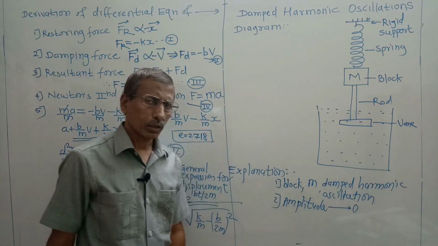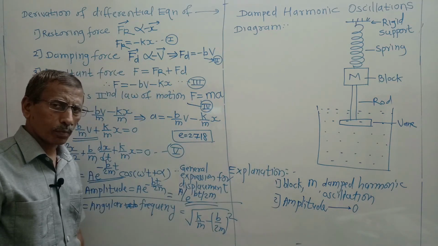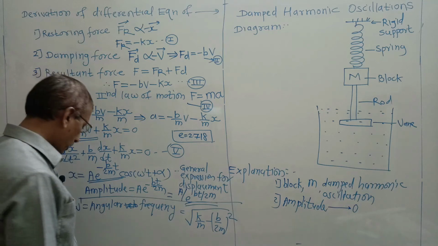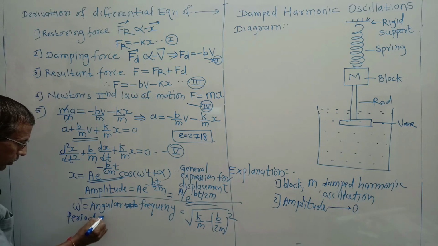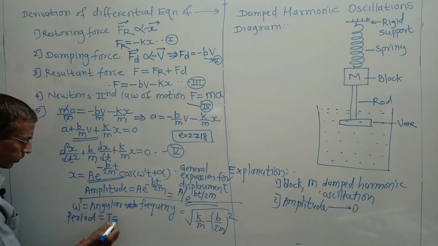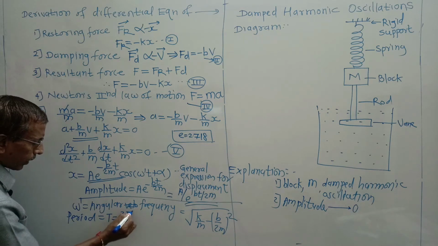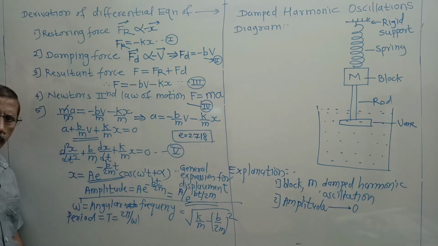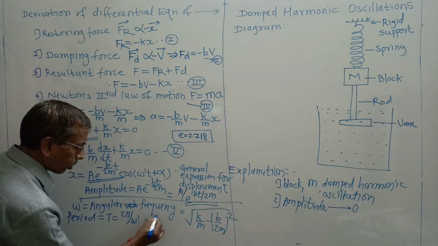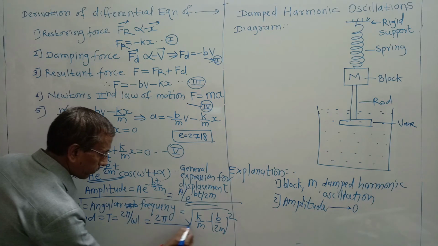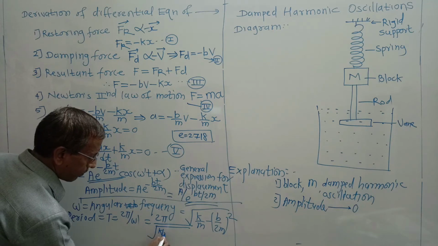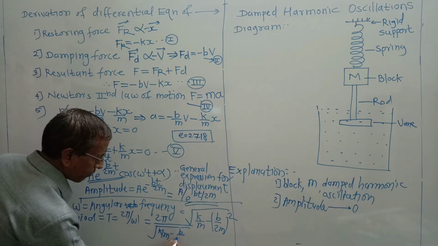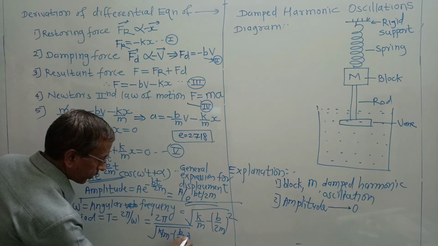So here the period of oscillation of damped harmonic oscillations is given by T is equal to 2 pi upon omega dash, so 2 pi divided by square root of k by m minus b by 2m its square.